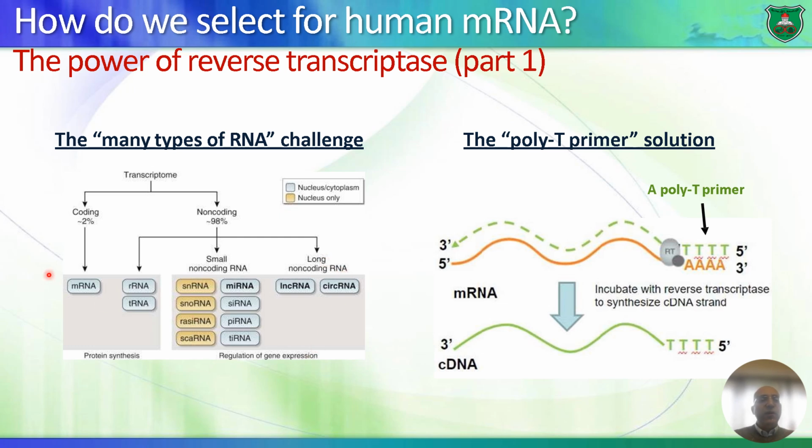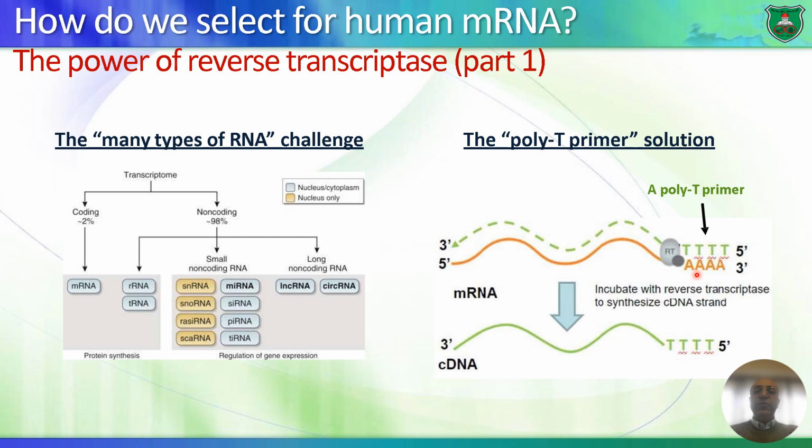Now, how can we select messenger RNA molecules specifically? Well, messenger RNA molecules are probably the only ones that have a poly A tail. All of the other RNA molecules do not have a poly A tail. So in order to convert RNA to DNA, and then use this DNA molecule as a gene to express a human protein in bacterial cells, we use reverse transcriptase, which is the vital enzyme that converts RNA to DNA.